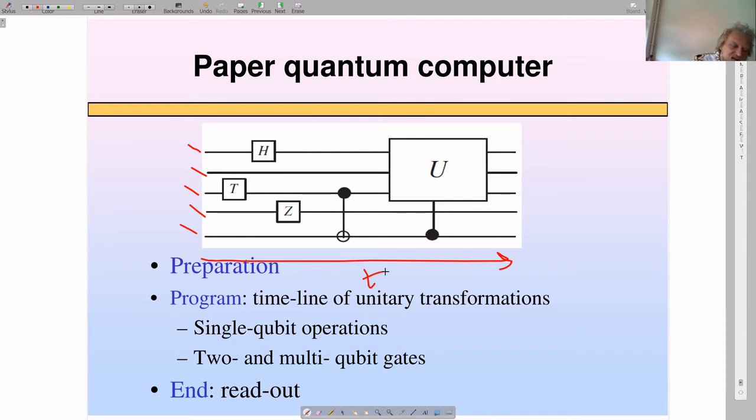Good. So we have some initial state. We have prepared this. This is a state of 5 qubits. And then we can change this wave function by unitary transformations, keeping quantum coherence. So, for instance, here we do something with some qubits.